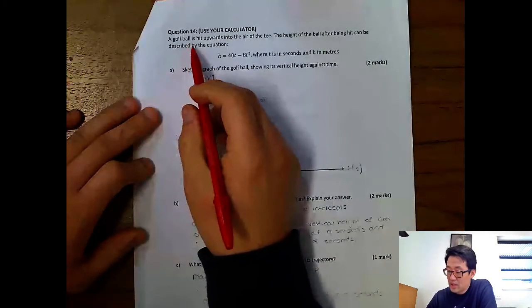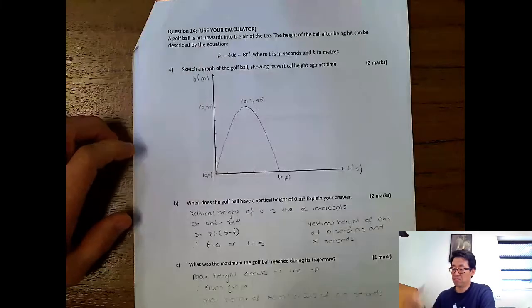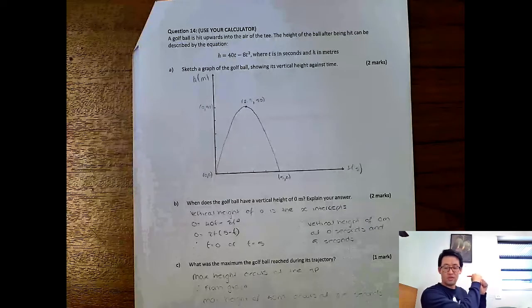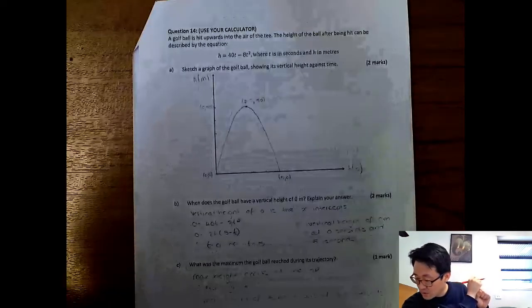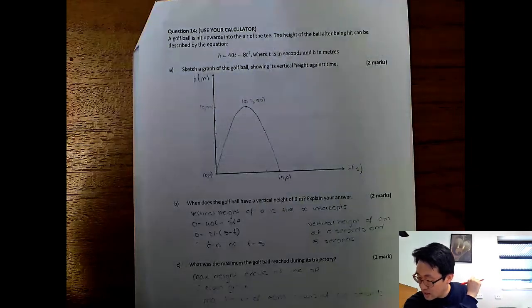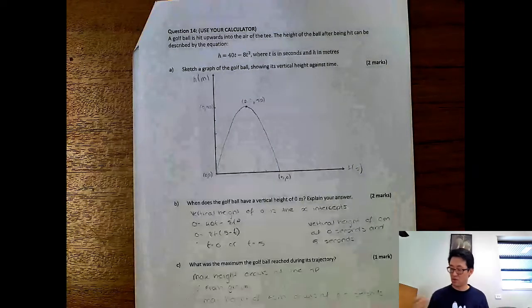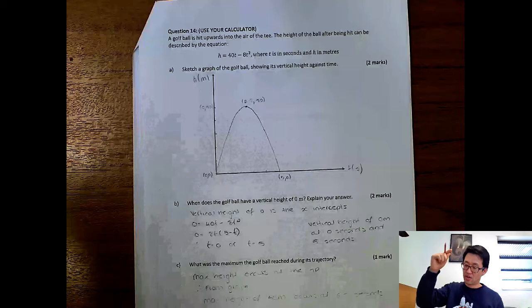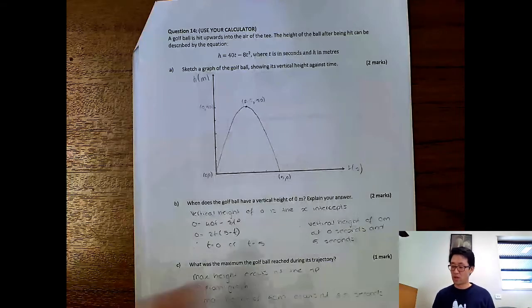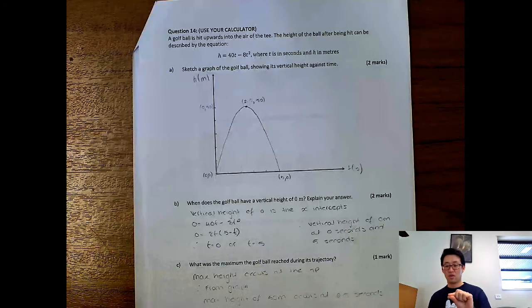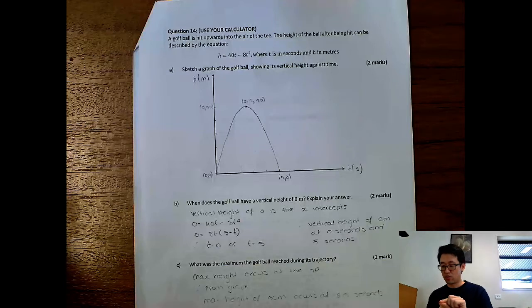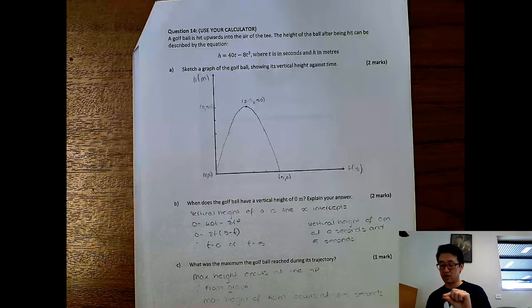A golf ball is hit upward, so obviously it goes up and then down, isn't it? They're only checking the height. When I hit that golf ball, it will be on the ground, so the height is 0.